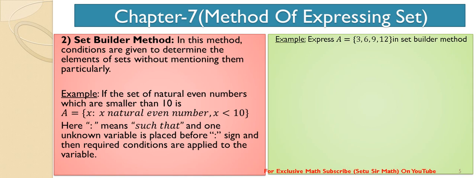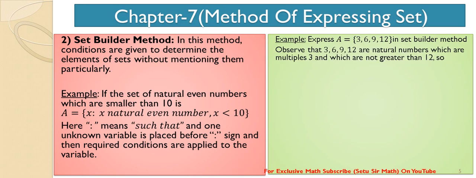Express A = {3, 6, 9, 12} in set-builder method. What we can see, 3, 6, 9, 12. Observe that 3, 6, 9, 12 are natural numbers which are multiples of 3 and which are not greater than 12.